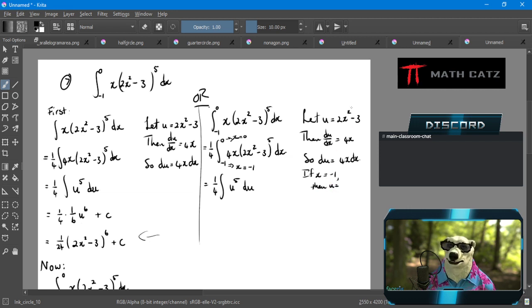So I plug it into my substitution and get -1 for x, so the squared is a 1, so that happens to be a -1 as well. But if x is equal to 0, then u is equal to -3. So x going from -1 to 0 corresponds with u going from -1 to -3.